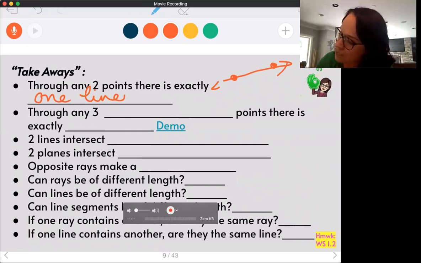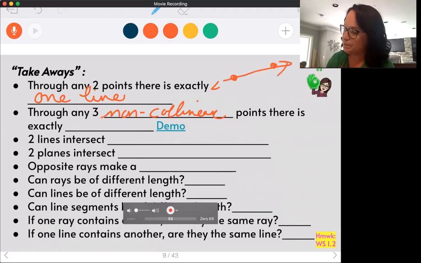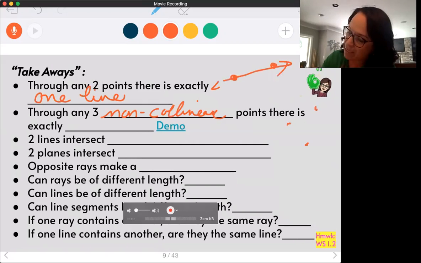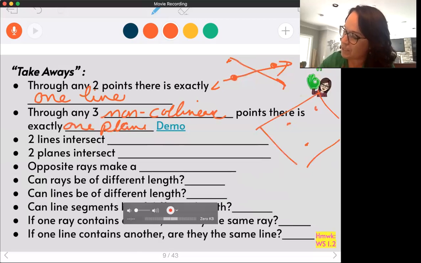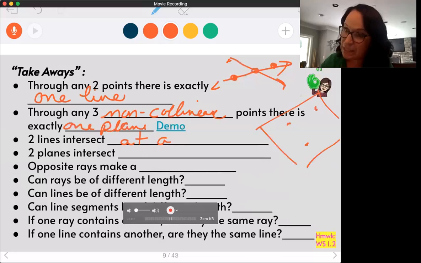Through any 3 non-collinear points, there is exactly 1 plane. 2 lines intersect, should say 2 non-parallel lines, but we're just being picky, right? So 2 lines intersect at a point, a single point.